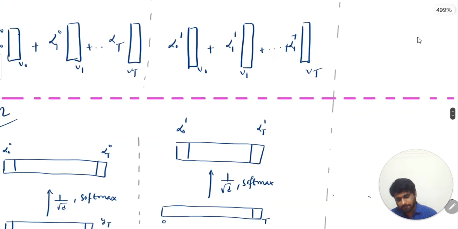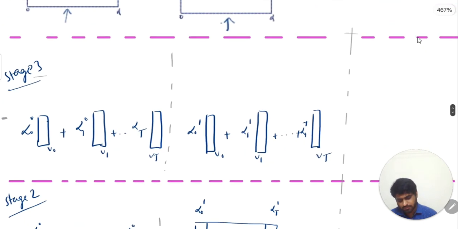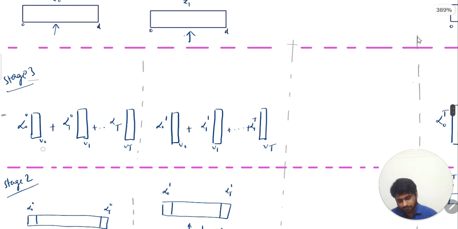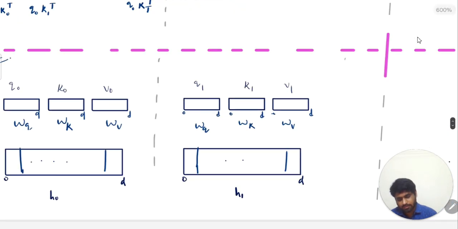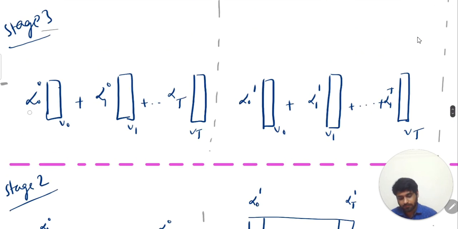This is stage 2. Weights calculation is done. Now in the third stage, we take the value vectors which we calculated in the first stage and multiply them with the weights calculated in the second stage. These vectors, the 0th vector, first vector to tth vector, we multiply with the weights corresponding to each vector for the 0th embedding.